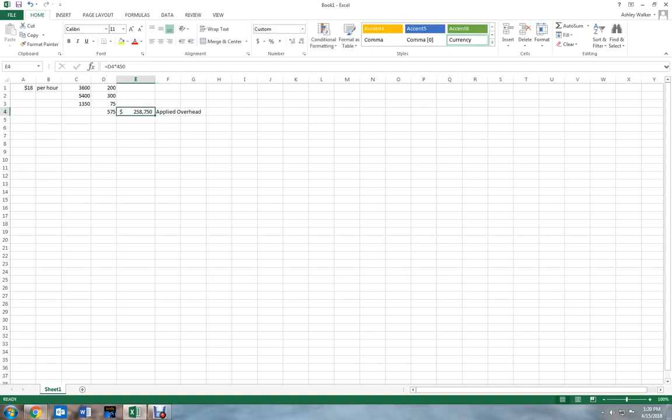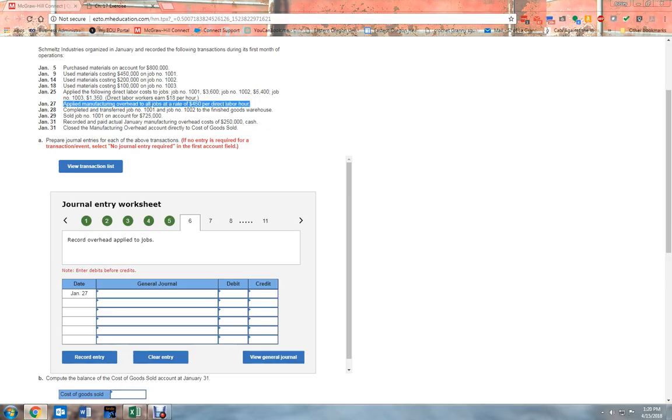So now we know what we applied for overhead. So remember, that's our budgeted number based on our predetermined overhead rate. That $450 per direct labor hour is our predetermined overhead rate. So for our journal entry on January 27th, we need to go ahead and apply that cost.